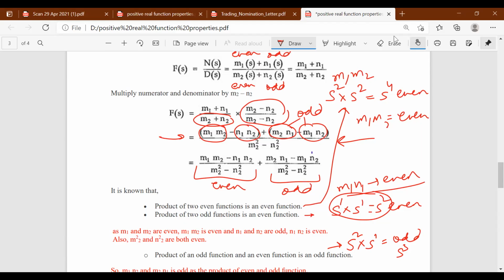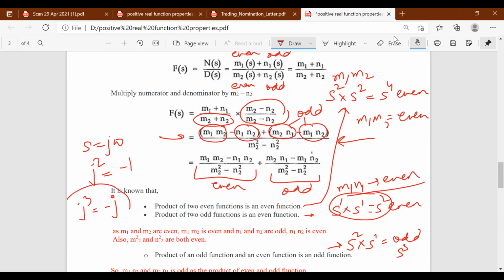Why are we doing this? Basically, you all know that we have to replace s with j omega. So you all know that if I square j, then the answer is -1. But if I have j cube, then the result will be minus j.